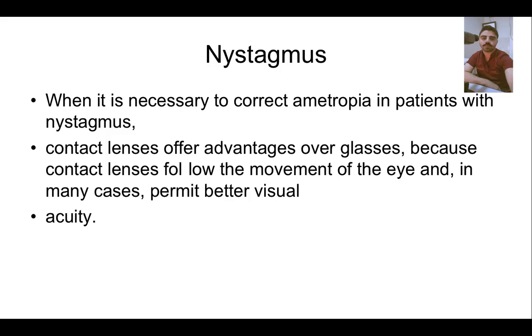So moving on, we have another condition called nystagmus, in which a patient is having jerky eye movement, and if you fit this patient with glasses, as we all know, the visual status will be different.